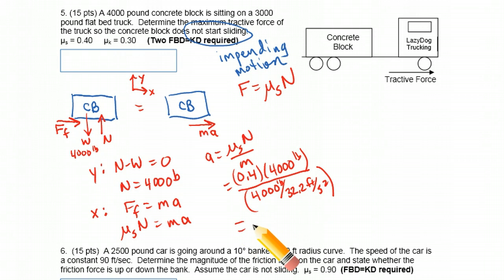So really, in our acceleration, the weight is going to cancel out. The 32.2 is going to come to the top, and it's just 0.4 times 32.2, 12.88.